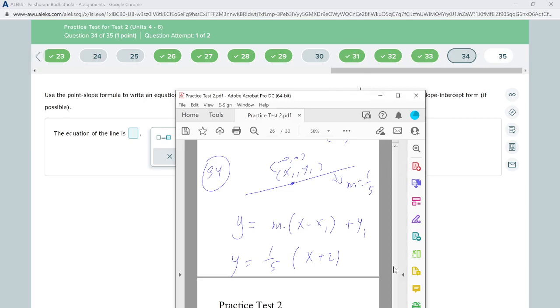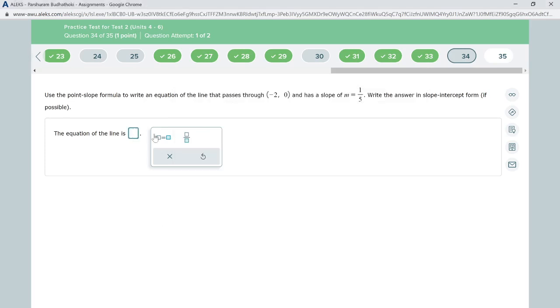We want the equation in slope-intercept form, so just distribute the 1/5. That gives us 1/5 x plus 2/5. This is slope-intercept form. So y = 1/5 x + 2/5.